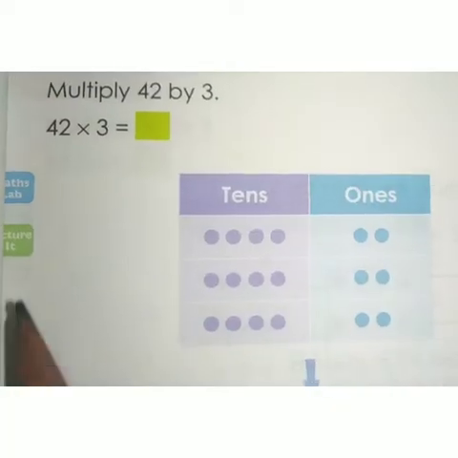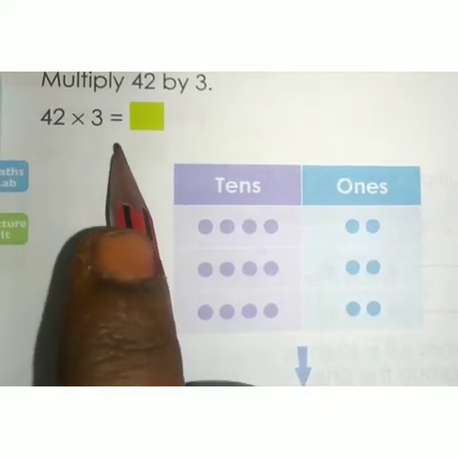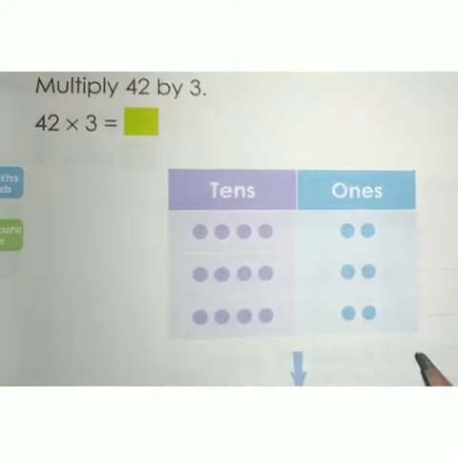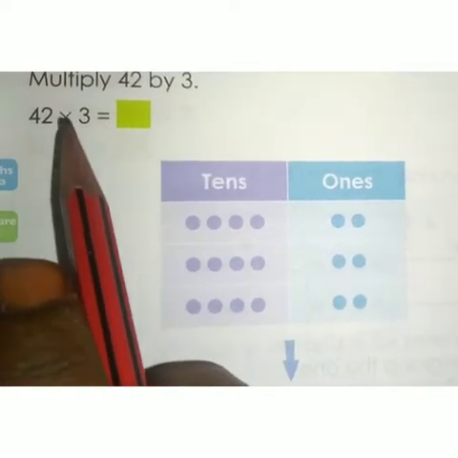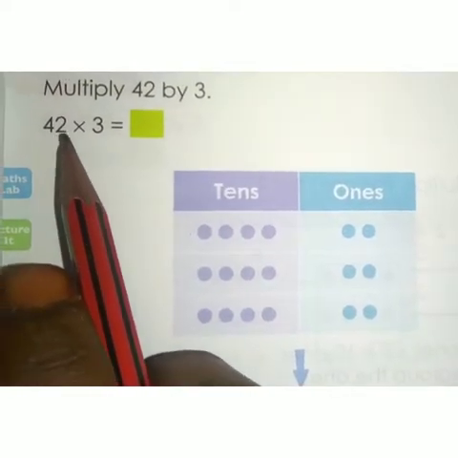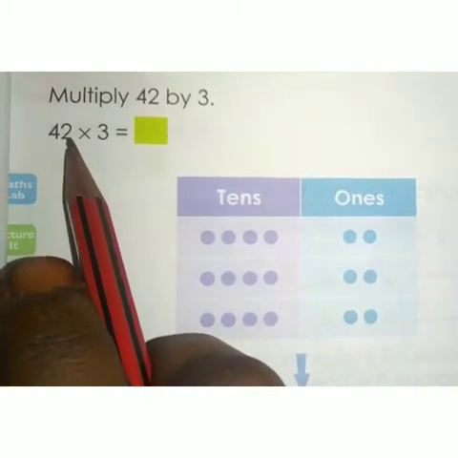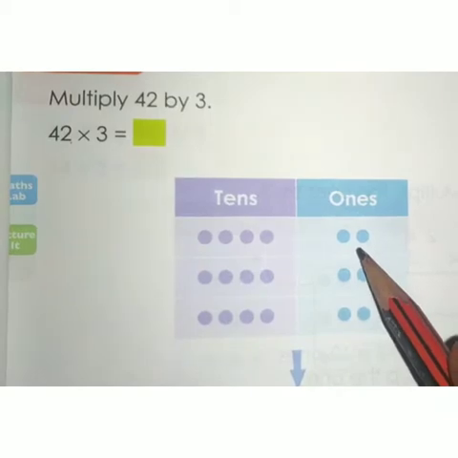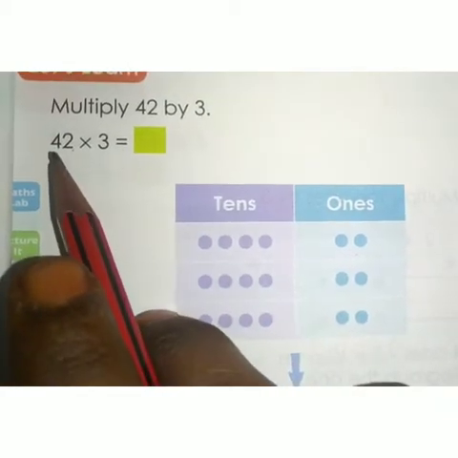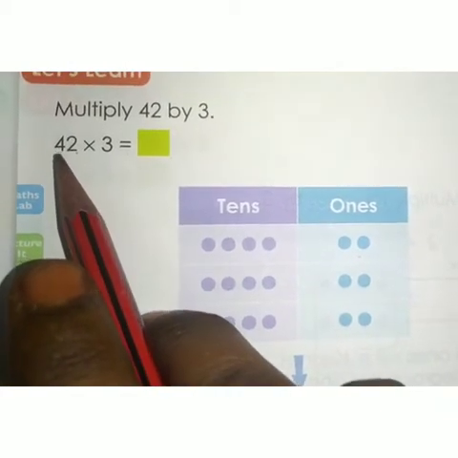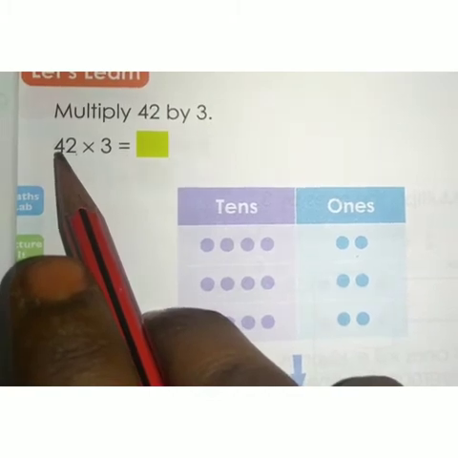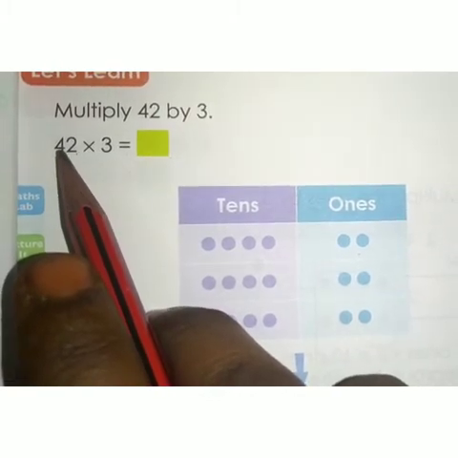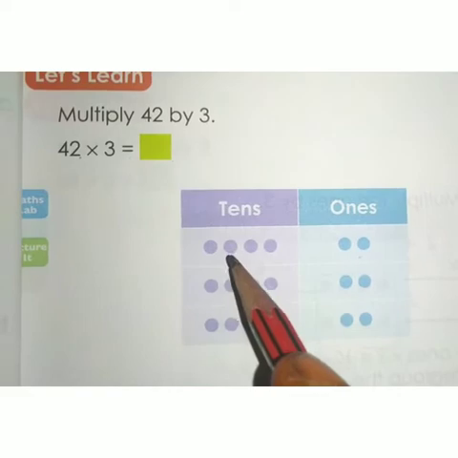Let me write 42 into 3 using the place values. In 42, in ones place, 2 is there. Under ones place, we have to keep 2 dots. Now in tens place, 4 is there. So how many dots do we keep under tens place? 4 dots.